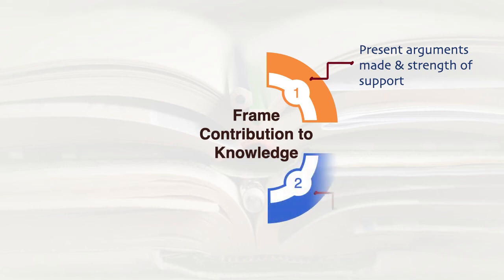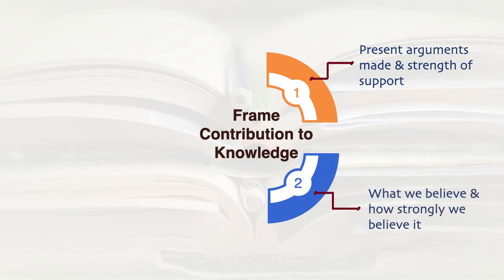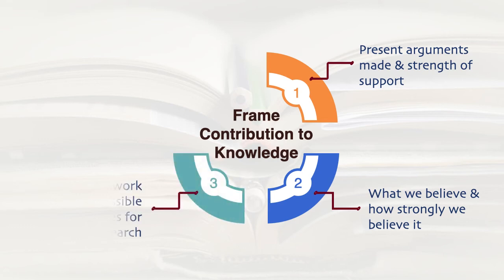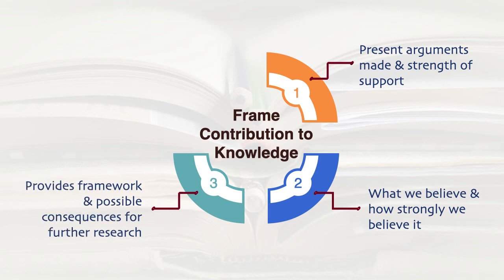In this situation, we consider knowledge as having two elements: what we believe and how strongly we believe it. It provides a framework for thinking about the possible consequences of new research.